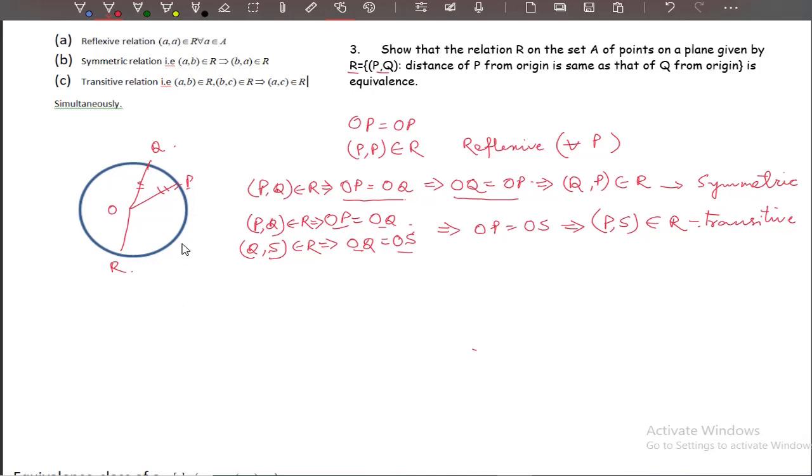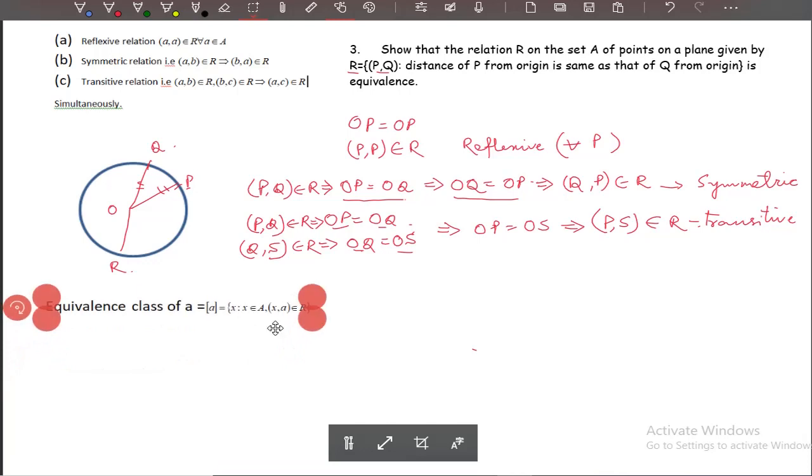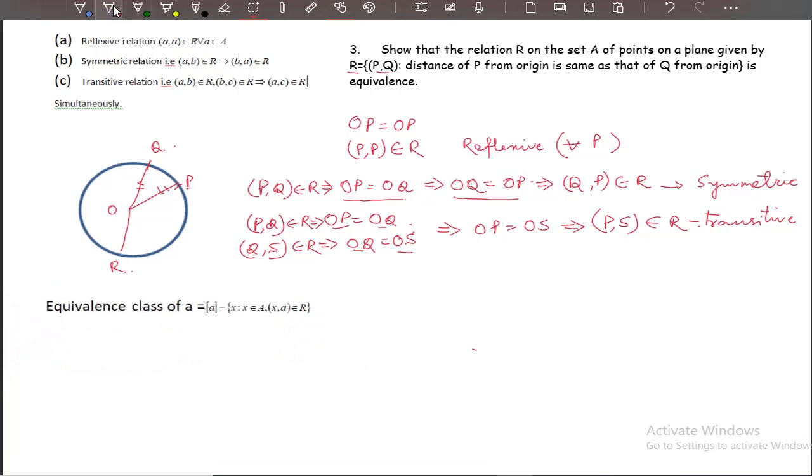So now if you collect all the points which are equivalently related, because this is an equivalence relation, they will form a set, and this set is known as the equivalence class of P. This is the definition of equivalence class.